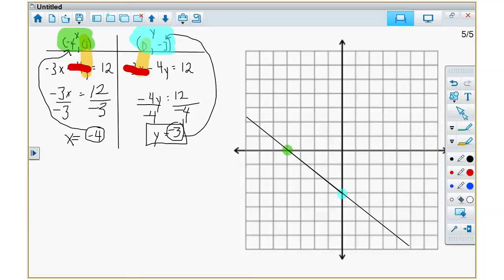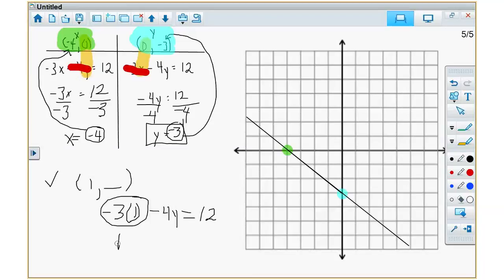Now, what point am I going to pick 90% of the time to check? I'm going to pick x is equal to 1. All right, so here we go. Negative 3 times 1 minus 4y is equal to 12. How do you get rid of a negative 3?